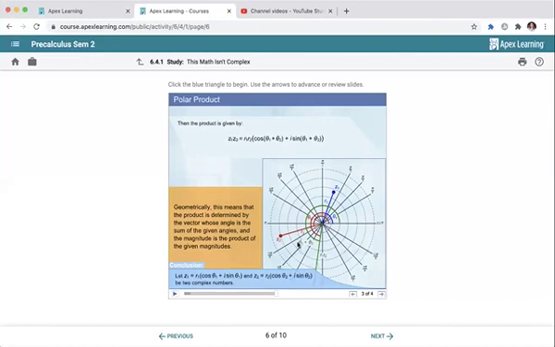So that's our angle. And then for our R value, we have to multiply them together. So this is not R1 or R2 alone, it's R1 times R2. Again, if this was 2 and this was 3, this would be a 6 value here.